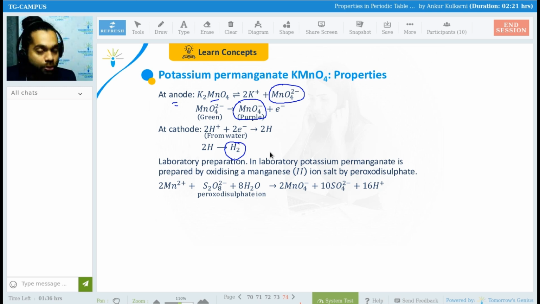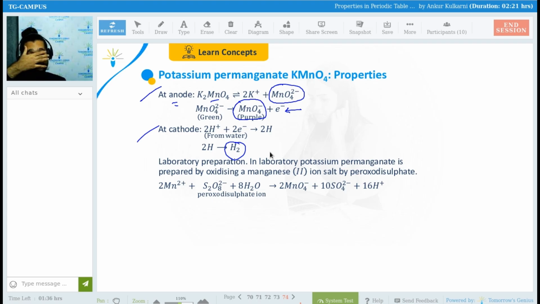So I'll take K2MnO4, that is a manganate, and do the reaction. Okay, and what will happen at the anode? Write it down. You will get MnO4 minus at the anode, not the cathode.